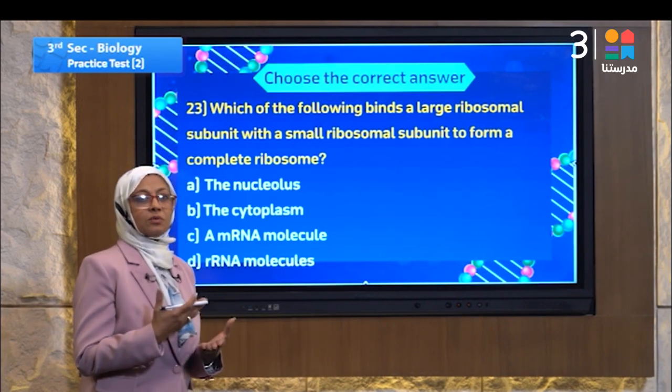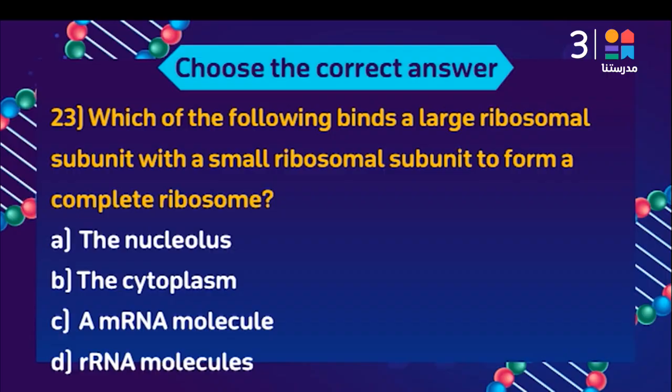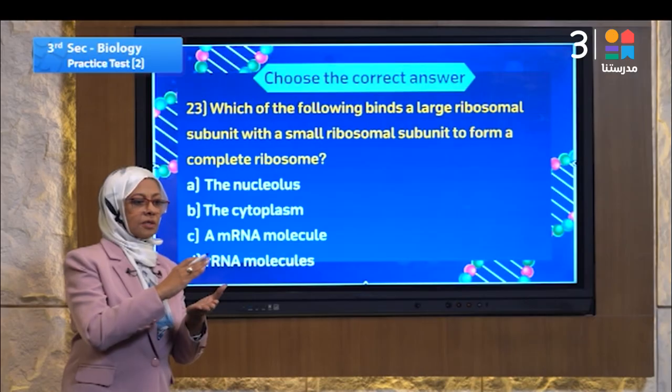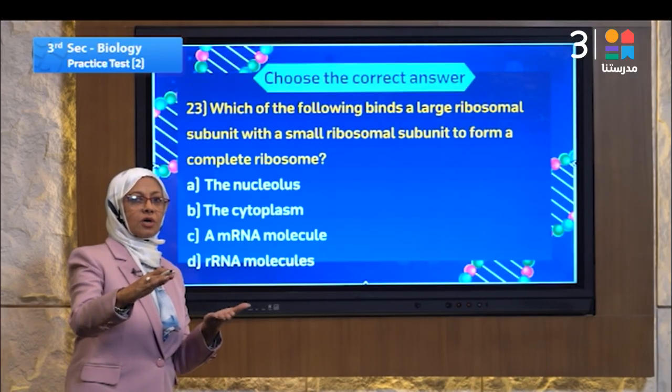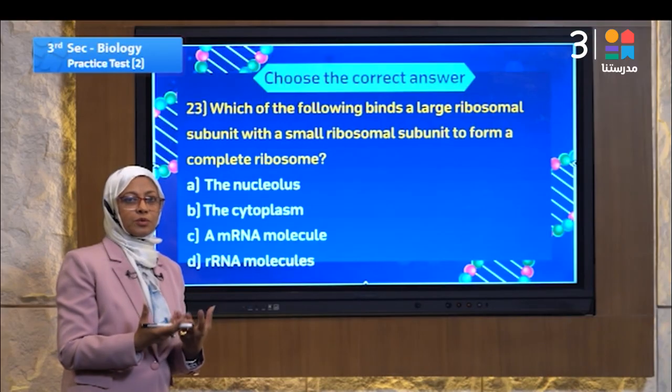Let's read the question carefully. Number 23: which of the following binds a large ribosomal subunit with a small ribosomal subunit? The ribosome consists of two parts, a large part and a small part. Between them, messenger RNA passes to make a specific protein.